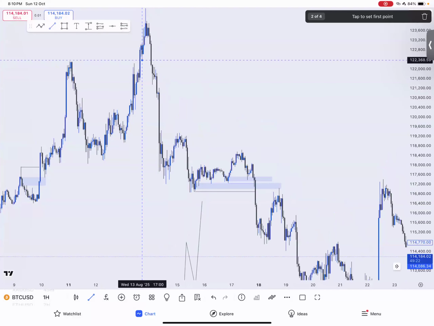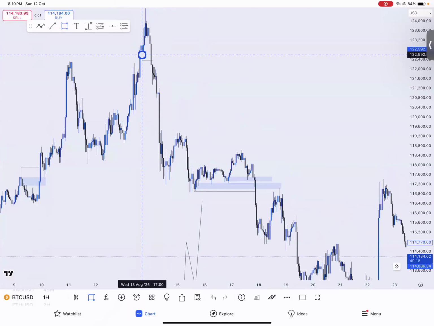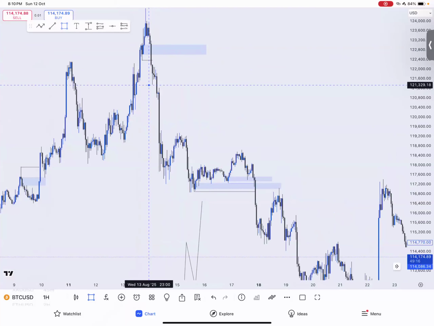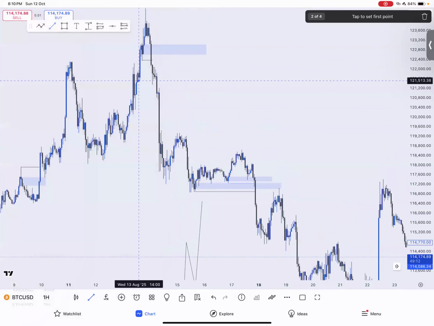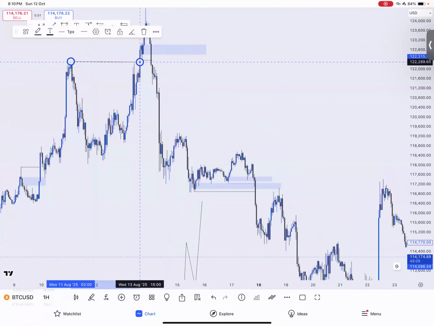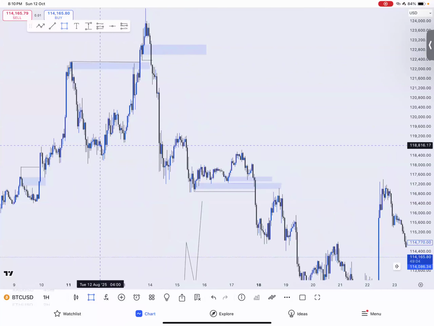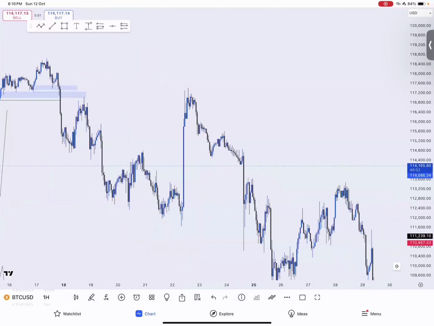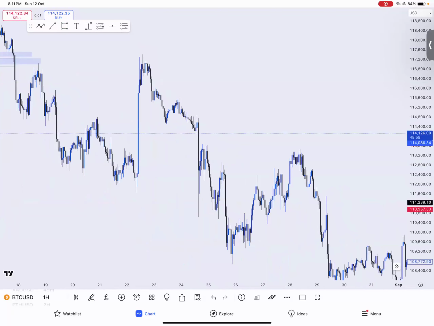The moment this low was taken out, the body of this low becomes a breaker block. The moment this high was taken out, the body of this high becomes a breaker block. So every zone that price takes out, the body of that zone automatically becomes a breaker.